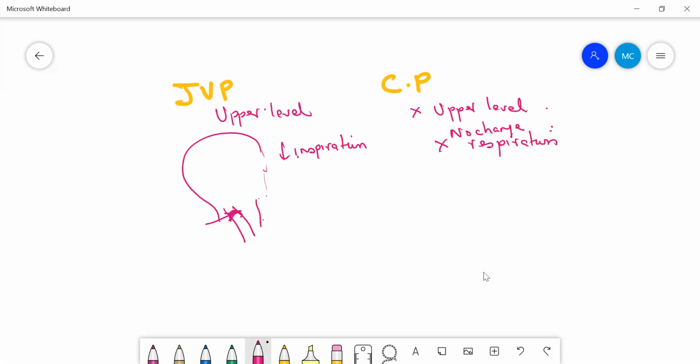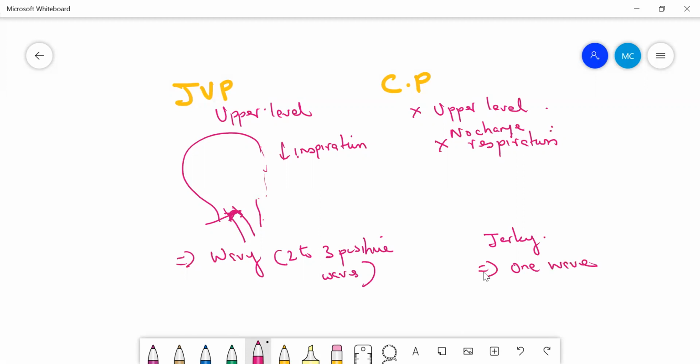Okay, and when you examine the jugular venous pulse, it usually has a wavy column, and you can find 2 to 3 positive waves, the same ones I told you, A, C, V. Usually mainly the A and C waves are seen. But the carotid pulse is not wavy, rather it is jerky, with only one wave. If you examine closely, you can find 2 to 3 positive waves in the JVP, and here there is only one wave.